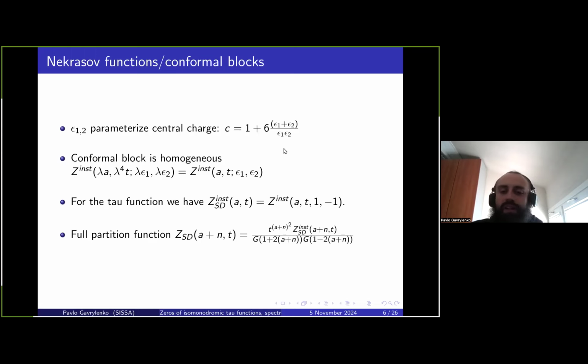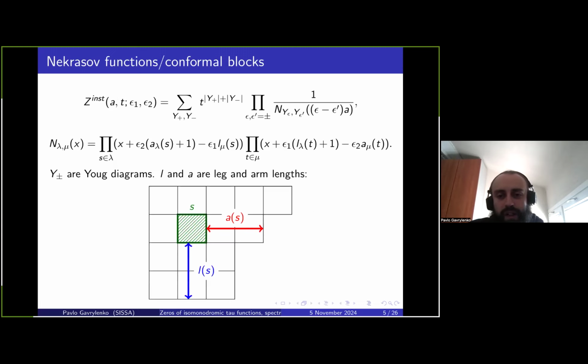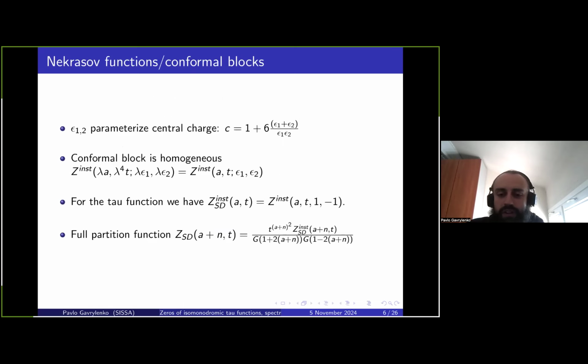So I'm saying here conformal blocks and Nekrasov functions as synonyms, but they're related by the AGT correspondence. So it's not a real statement, but once it is known, we can just use these formulas that came from Nekrasov computation in the gauge theory and use them in CFT. So they are just some explicit combinatorial formulas.